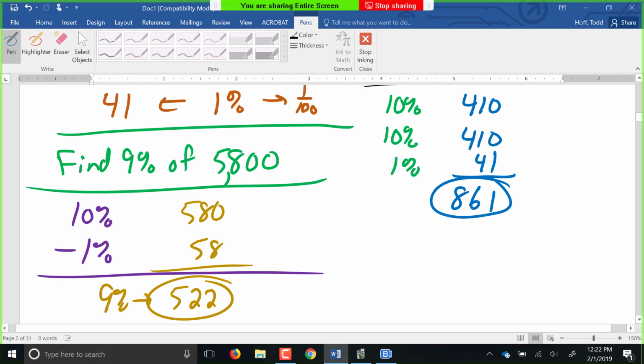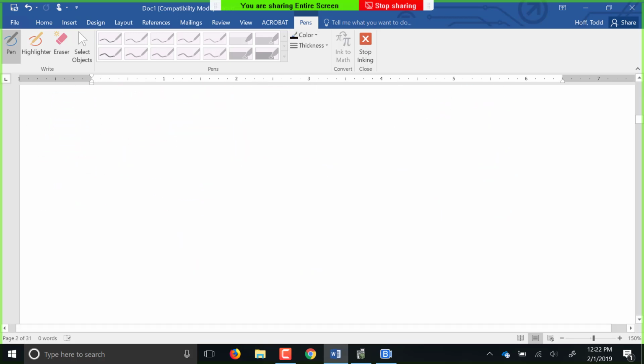As I said, we'll cover percents more in the next unit. For right now, we have a couple pages of homework. We have page 23, 1 through 21, the odd. That's a review of that order of operations.